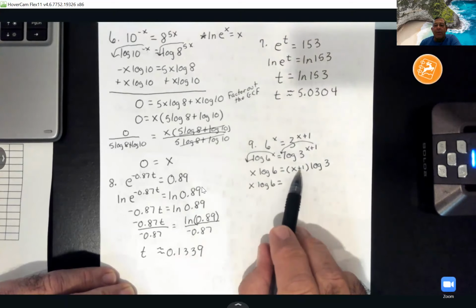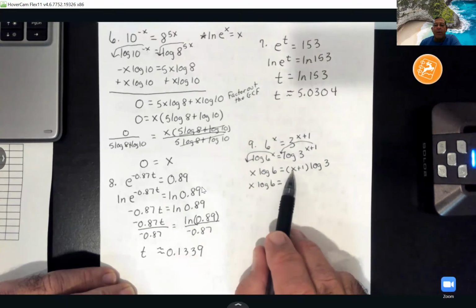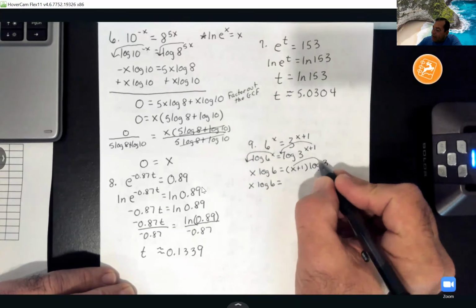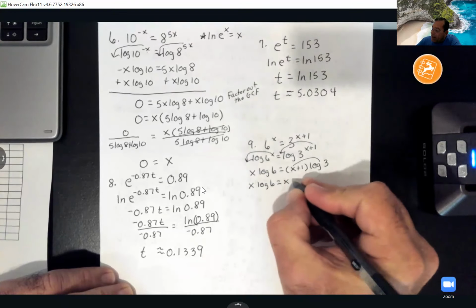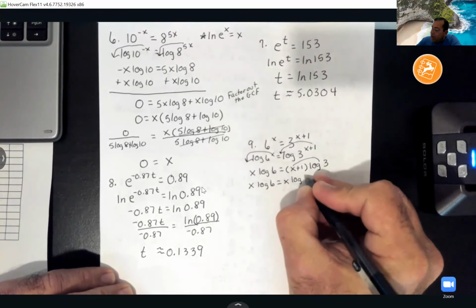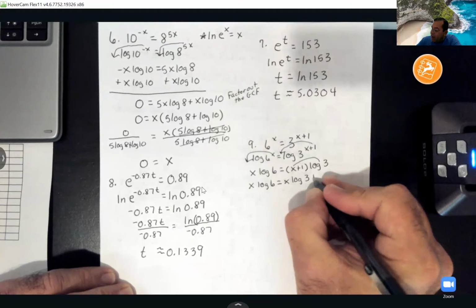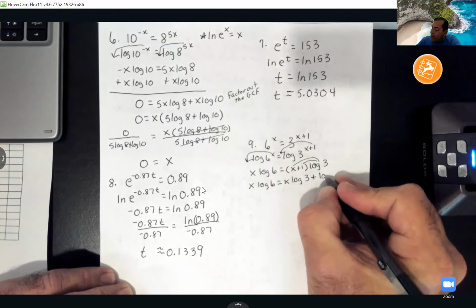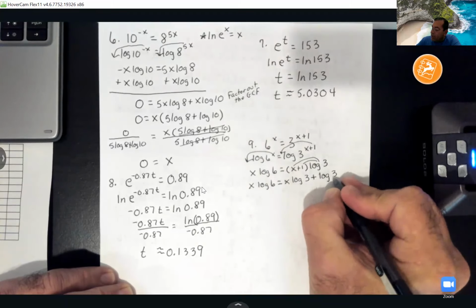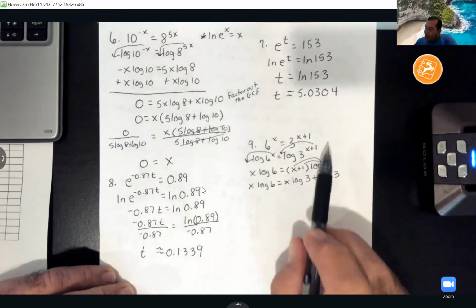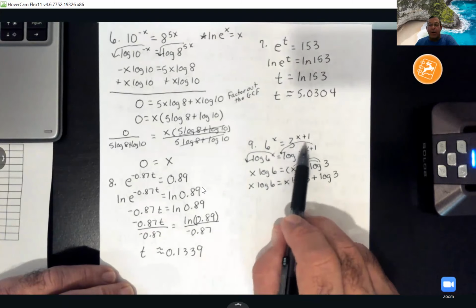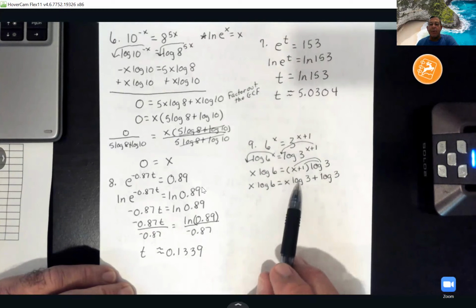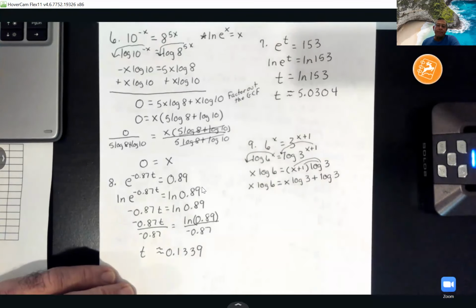Now over here, you got 2 things times 1, so both of these get multiplied by log 3. The x times log 3 is x log 3, plus 1 times log 3 is log 3. So be careful if you got 2 parts to the exponent. Remember, both parts have to get multiplied by that log 3.